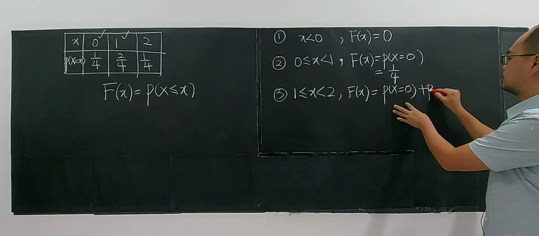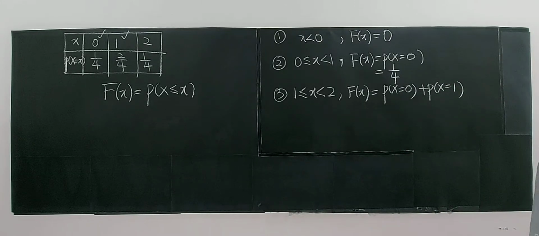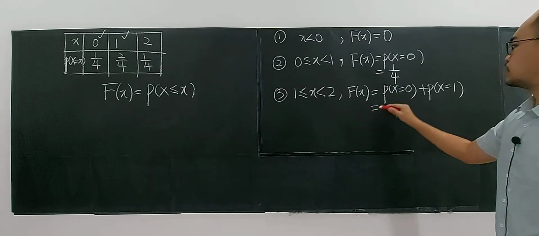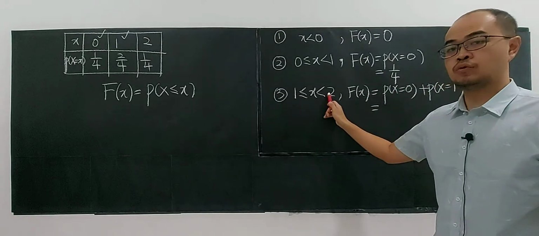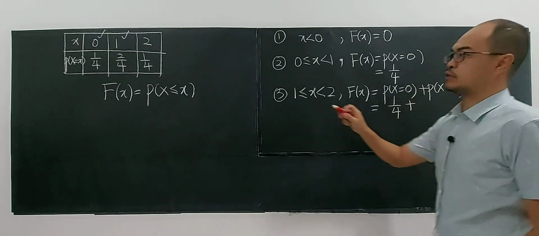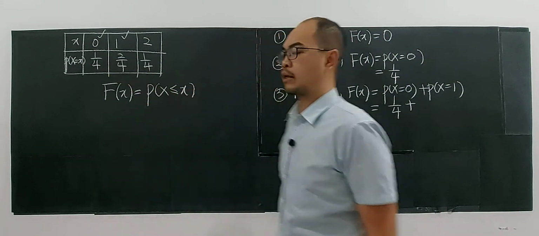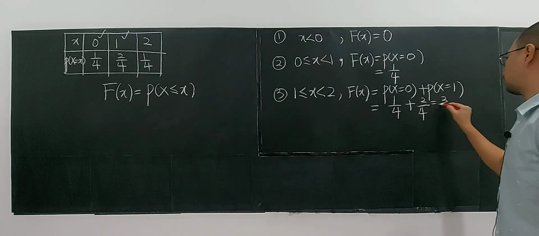So I add up 0 and 1, up to 1 but not 2. This is 1 over 4, the first probability, plus the second one, 2 over 4, which gives you 3 over 4.